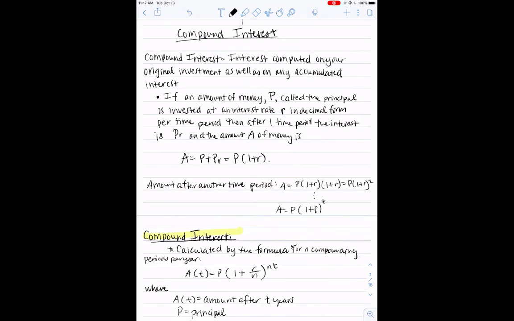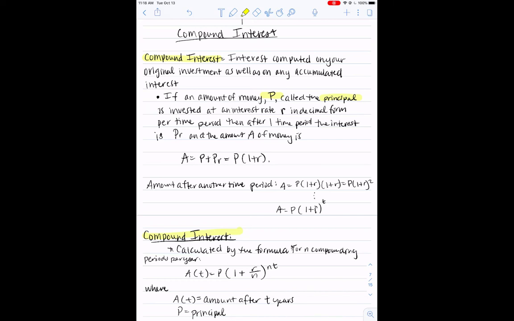Alright, now we're going to talk about some compound interest. So exponential formulas help us to learn about this. So we have that compound interest is interest that is computed on your original investment as well as on any accumulated interest. So basically, if I have some amount of money, P, called the principal, that's what I start with.